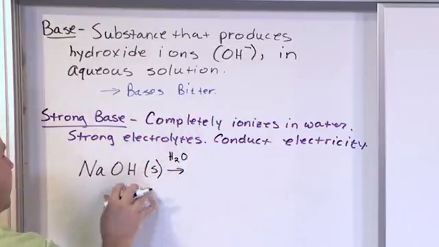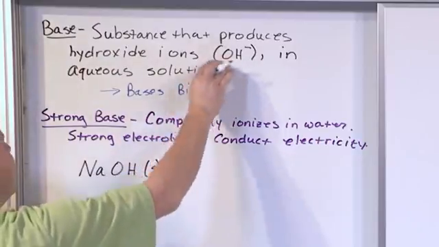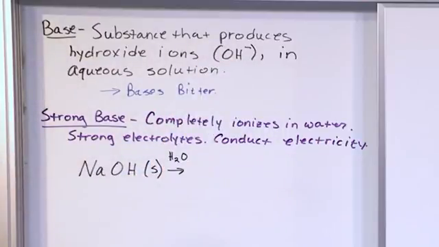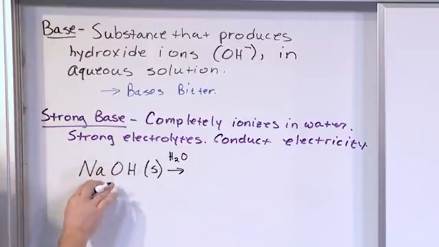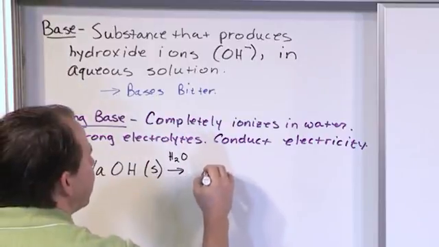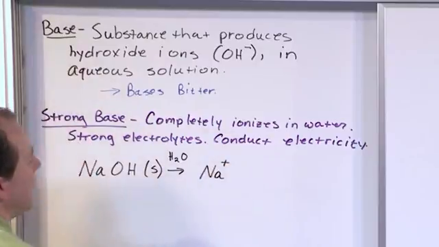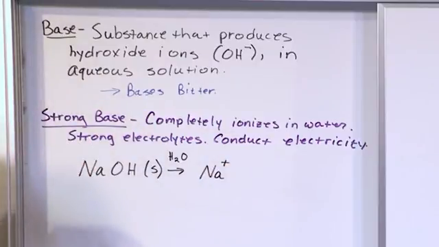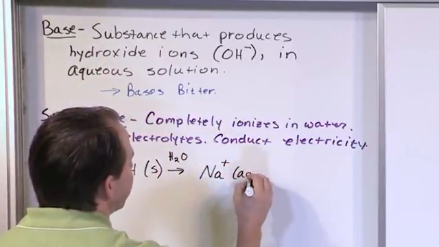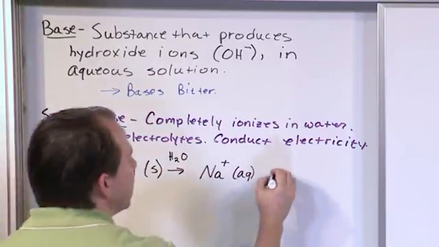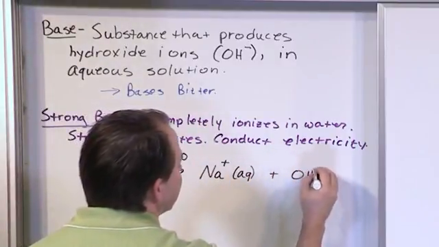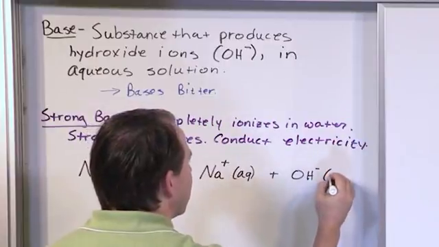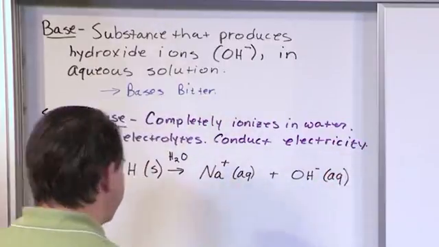Well, we know that if it's a base, it has to break down into these OH hydroxide elements. The only other thing other than OH is the sodium. So the sodium will ionize into its positive ions, in aqueous solution because it's now in water. And the hydroxide ions are also in aqueous solution.